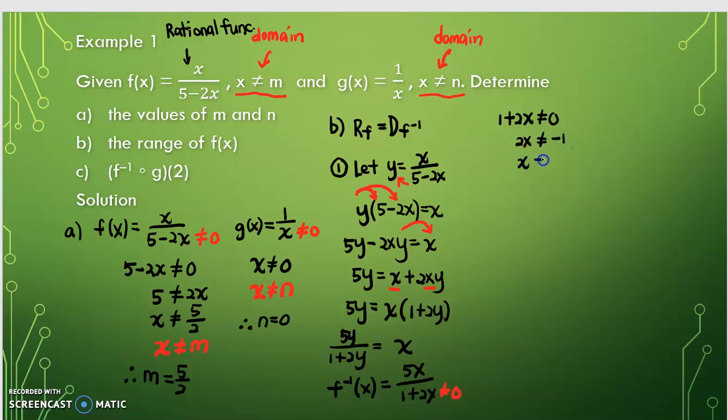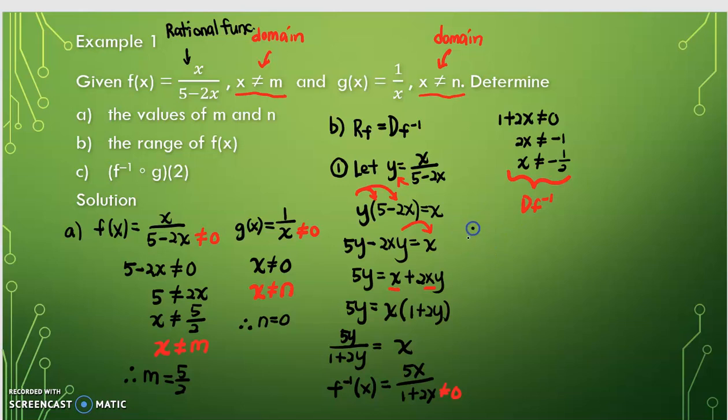So x is not equal to negative 1 over 2. So this is the domain of f inverse. At the same time, the domain of f inverse is equal to the range.